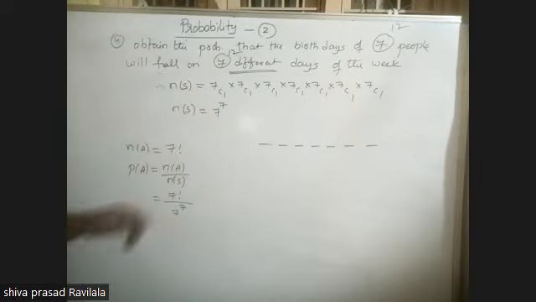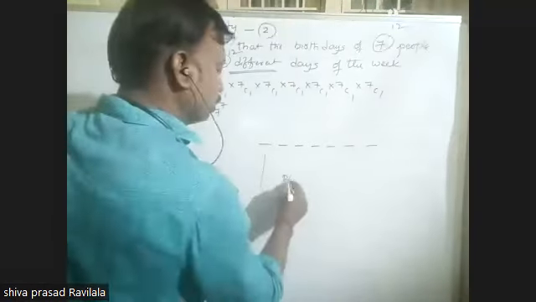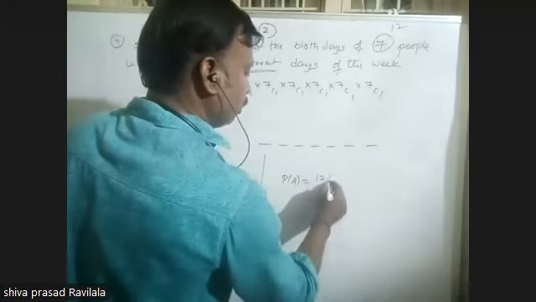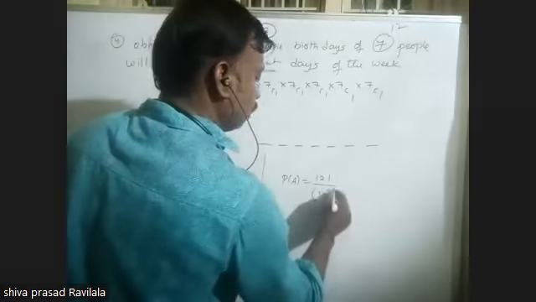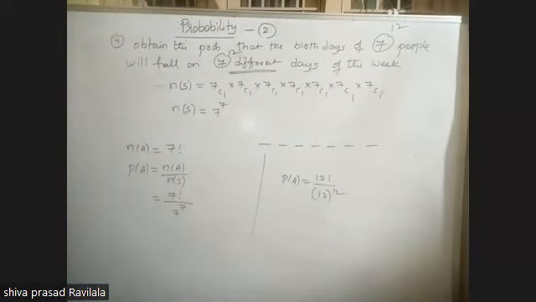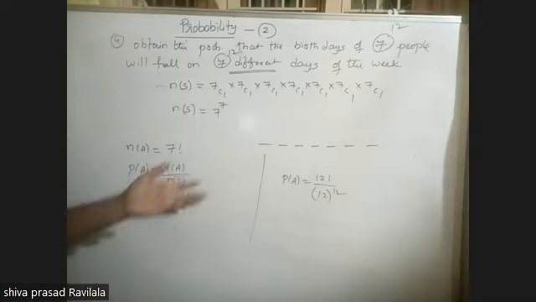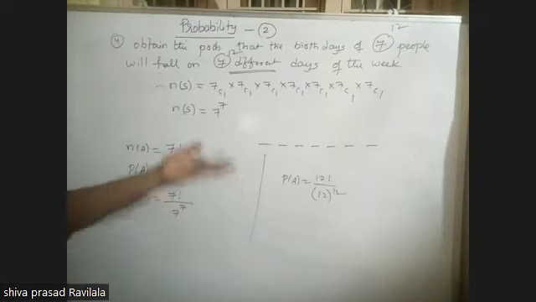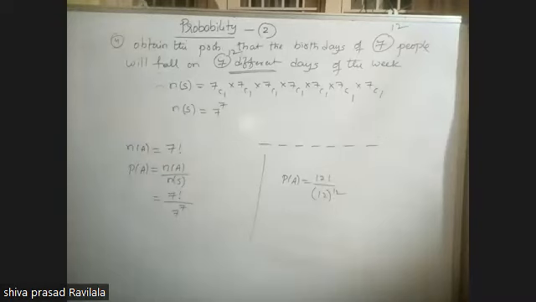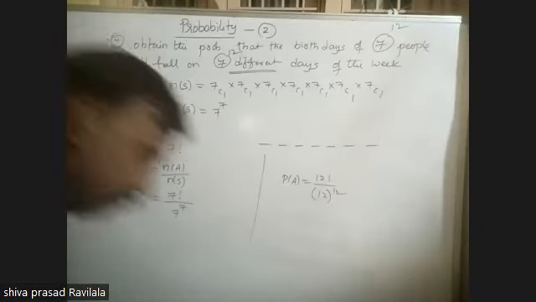For this case, P of A is equal to 12 factorial by 12 power 12. Because a week contains 7 days, the answer is 7 factorial by 7 power 7, and because months contain 12, it is 12 factorial by 12 power 12. Like that. Okay, students, write down.